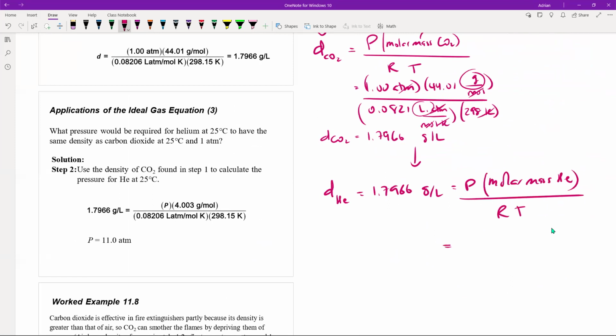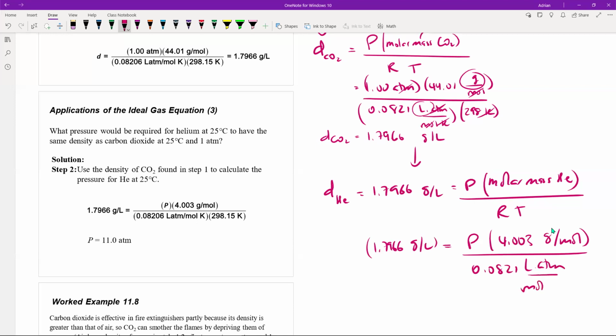Right, so we have 1.7966 grams per liter equal to the pressure, which is our unknown, times 4.003 grams per mole divided by 0.0821 liter atmosphere per mole Kelvin times the temperature, 298.